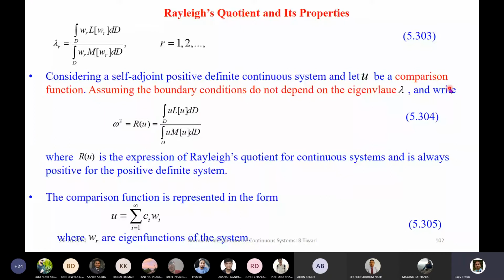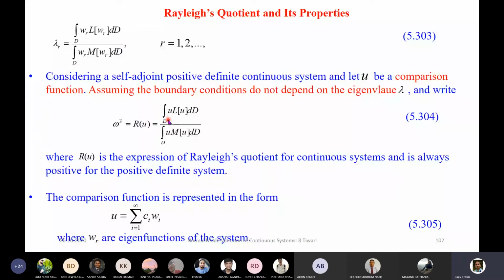That is the requirement when we choose the comparison function. In the previous class, we have seen how we chose the comparison function. That choice is always arbitrary, but we need to ensure that the boundary conditions are satisfied. Through one example, we'll see this comparison function in the subsequent slide. If we choose the comparison function u instead of w, the equation will be like this.